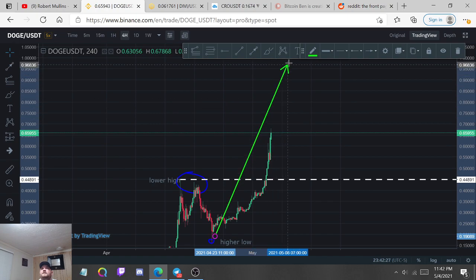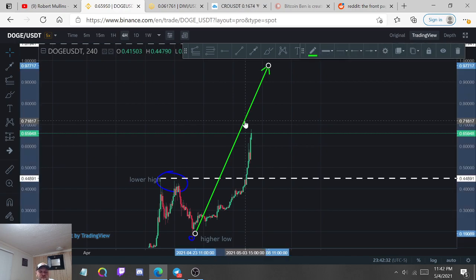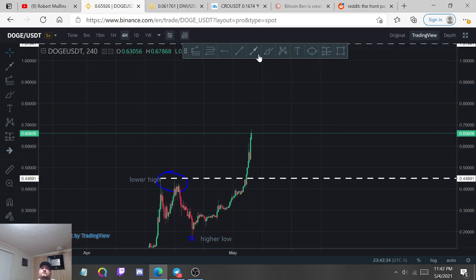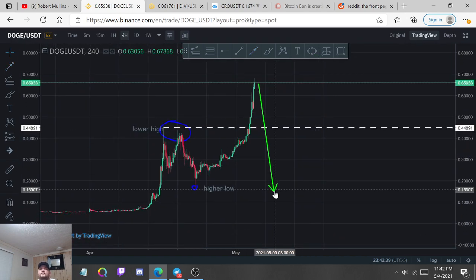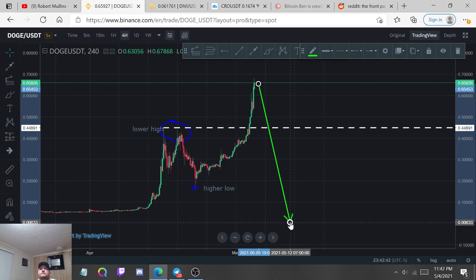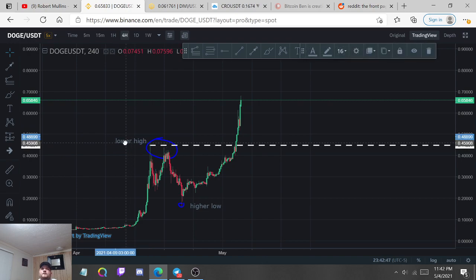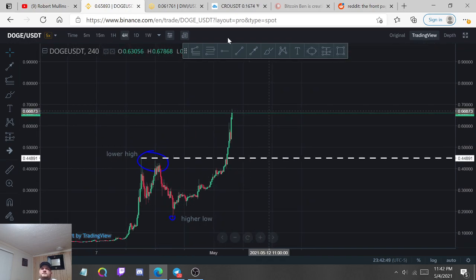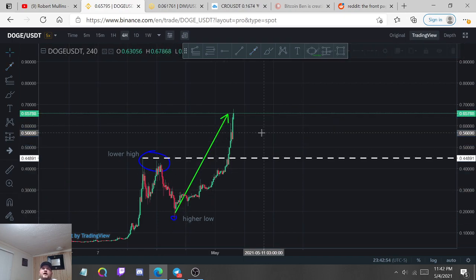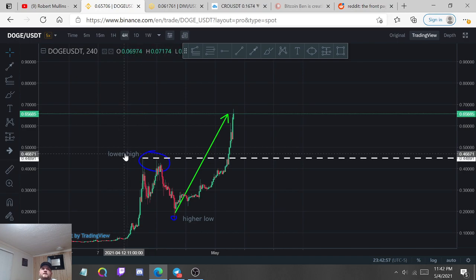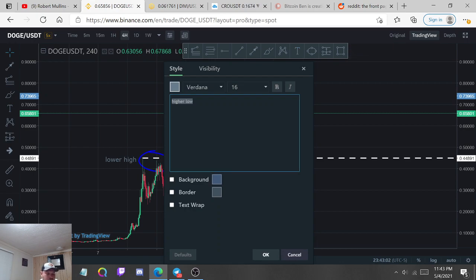This right here could just keep going straight up. It could do anything, or it could go straight down from here. But what we do know is that we have a push up, and we have cleared this right here. So now this makes this a lower high, and we got a higher high.